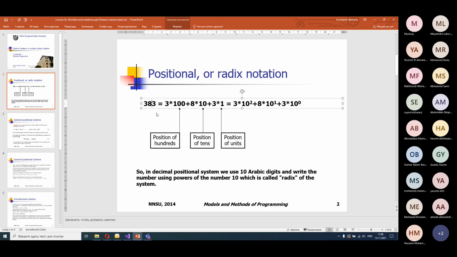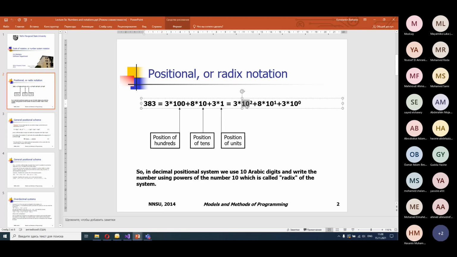In Russia, we call them arithmetic digits. Maybe in other countries it has another name. So these digits, and we use the powers of 10. And this 10 is called the radix of the system of notation.